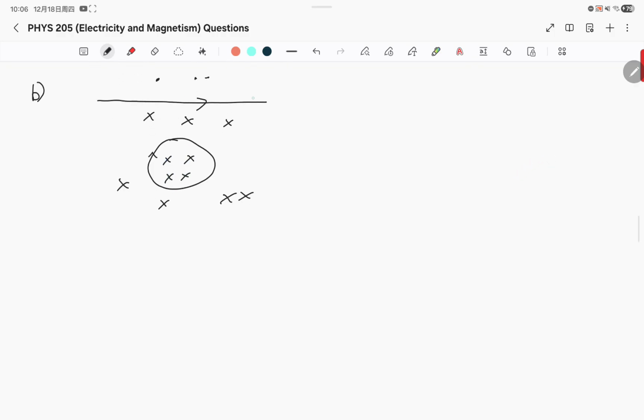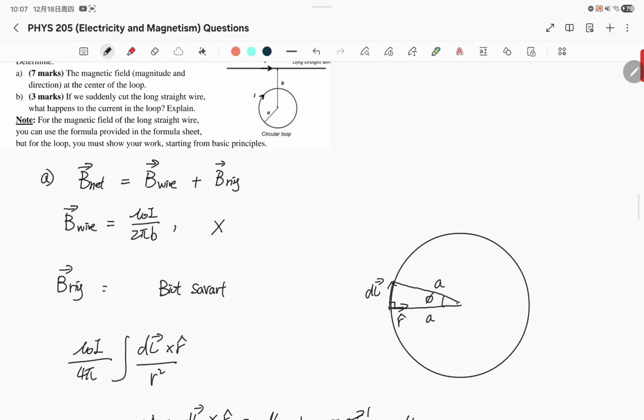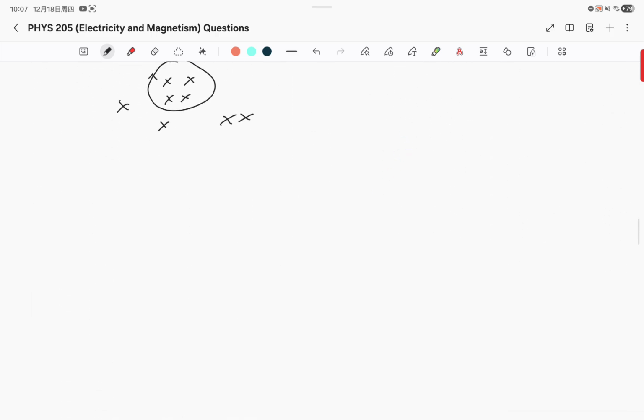Now, if this wire is gone, what happens to the current? Yeah, what happens to the current in the loop? So let's do Lenz's law.